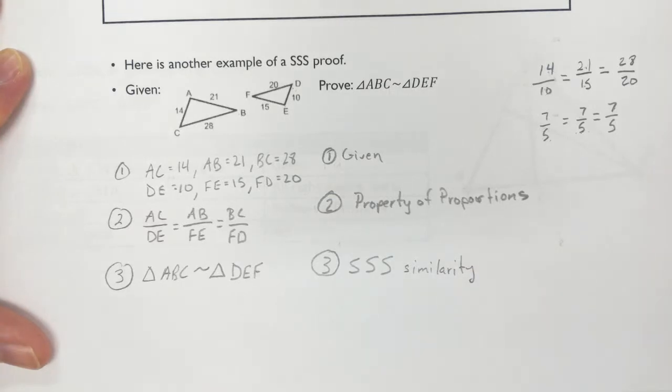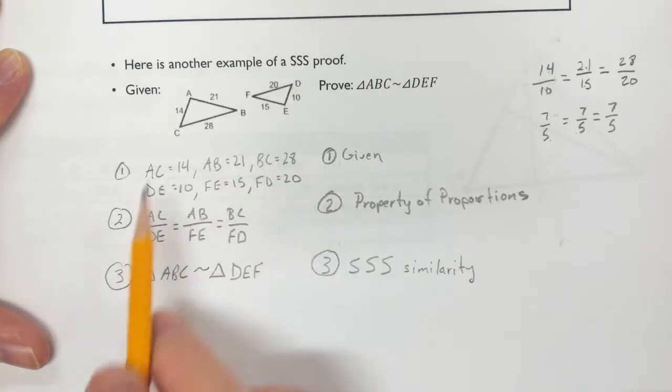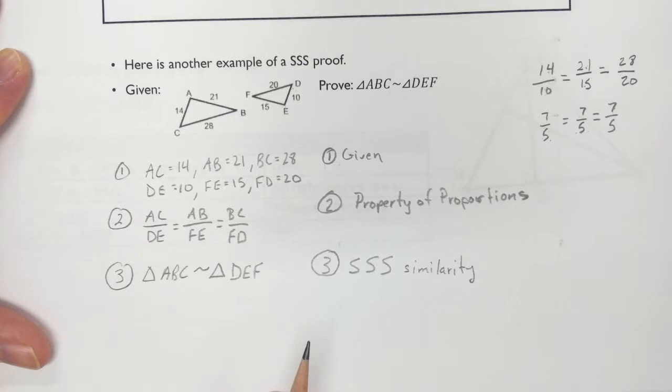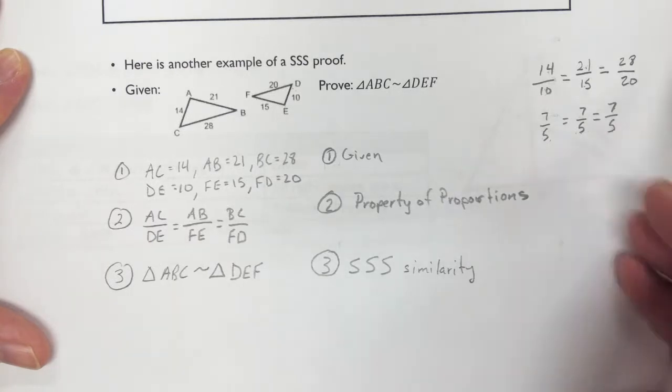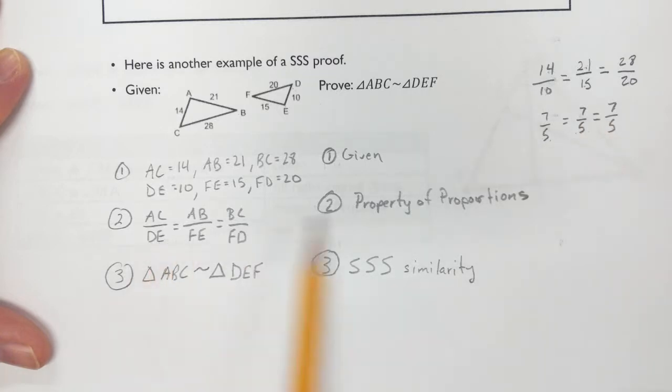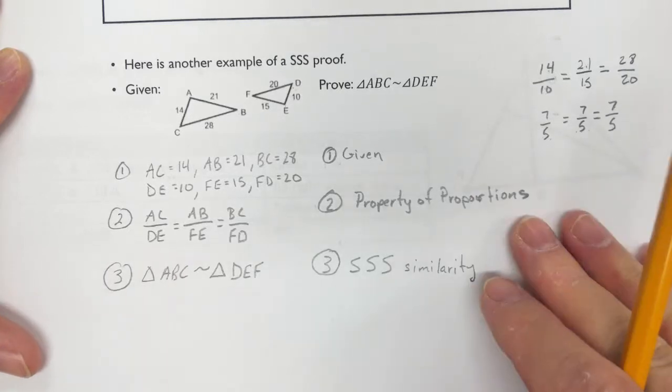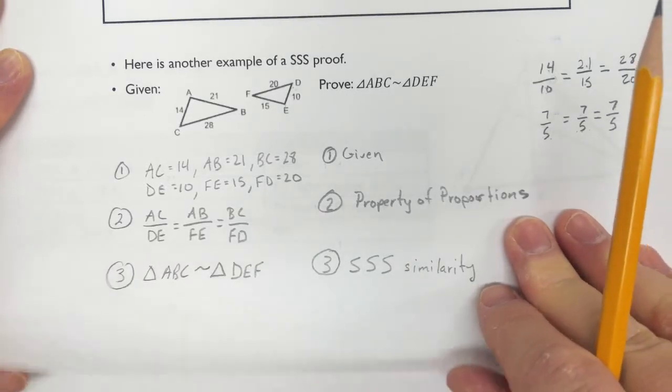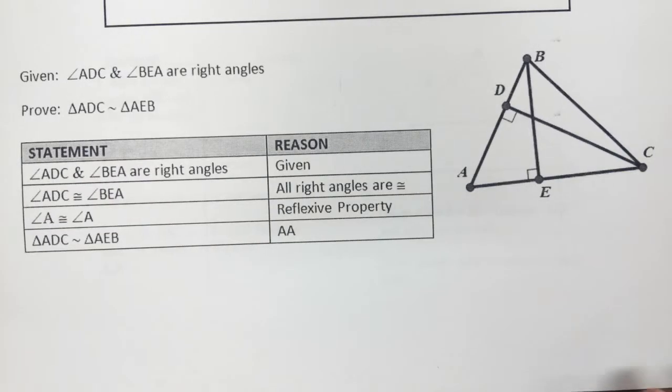Pretty easy. We just write down what we were given, do some scratch work on the side to make sure they match up. If they do match up, then we can say this, and then we can say that they're similar by side-side-side. Easy 3 steps. 1, 2, 3, done.